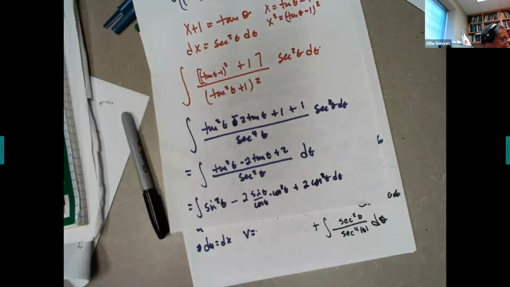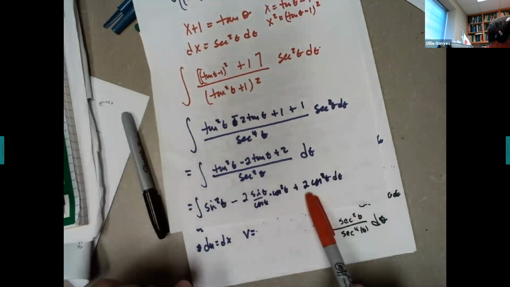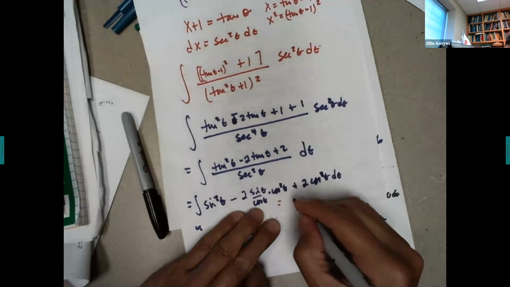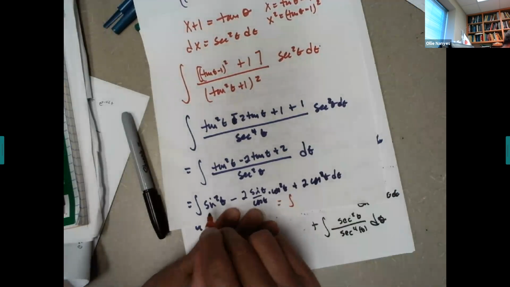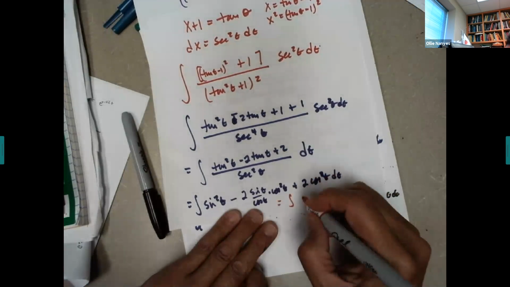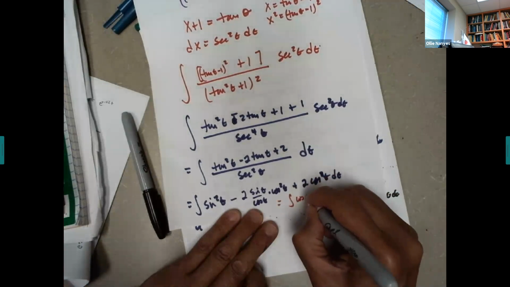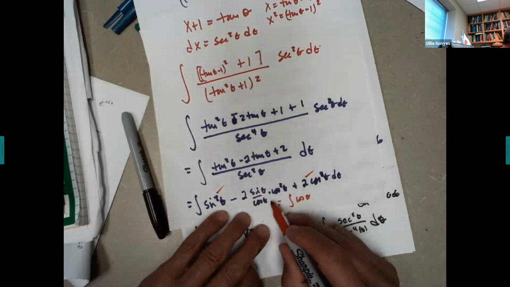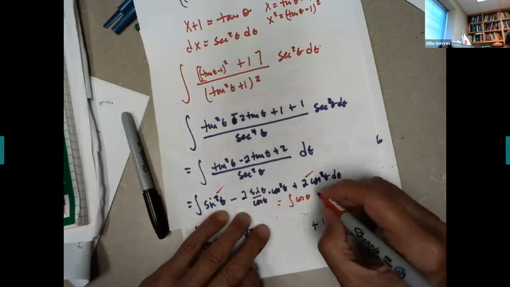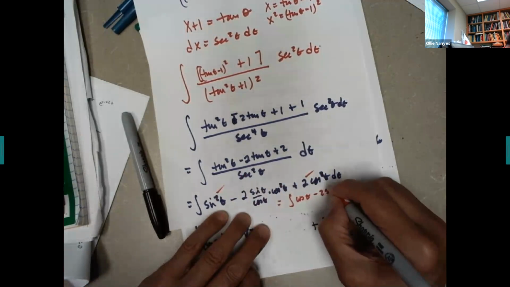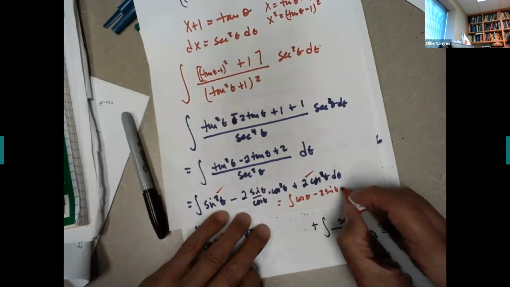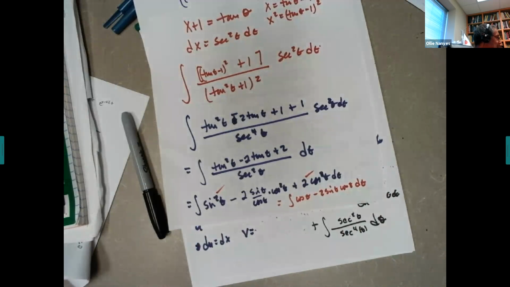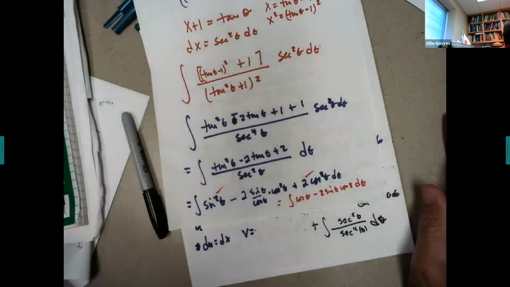I'm not going to completely finish the problem yet because this works out to be the sine squared plus cosine squared is 1, and we still have an extra cosine squared theta. Now we have cosine squared divided by cosine squared, minus 2 sine theta cosine theta. Let's go ahead and finish the thing up.